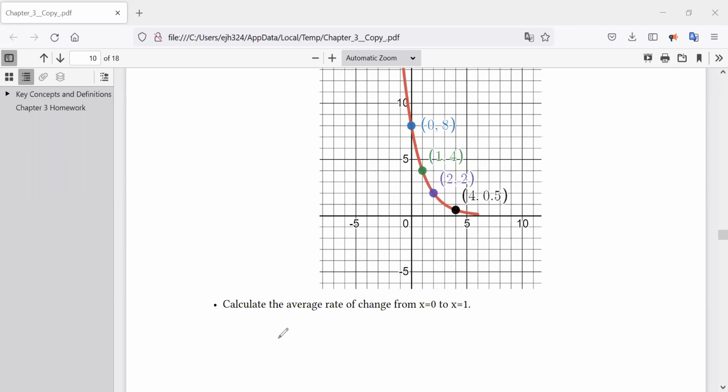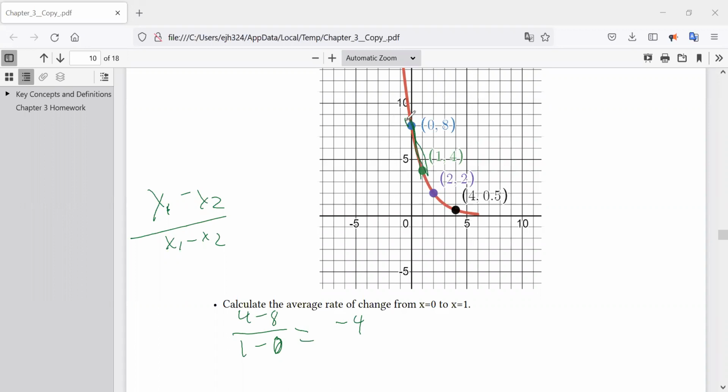We just pretend that these are 2 points on a line, and we do that same y1 minus y2 divided by x1 minus x2. So that's 1 minus 0 divided by 4 minus 8, divided by 1 minus 0. That would just be equal to -4, right? So that would be the average rate of change between these 2 points.